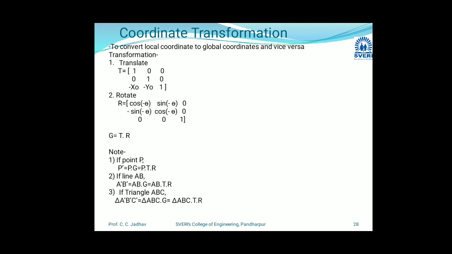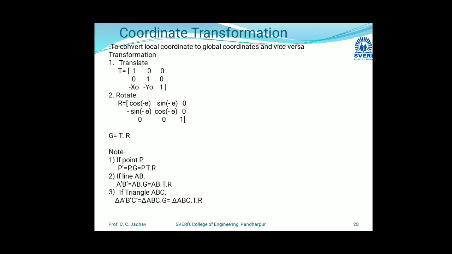Suppose I want to do translation and rotation operations, then capital G is equal to T into R. If we use a point P for the coordinate transform, the formula for the new point P dash is equal to P into G. G means the coordinate transformation, in which we do translation and rotation, so we can expand that as P into T into R. If I want to transform a line, we find the new line A dash B dash equal to AB into G, and G means T into R. Same for the triangle: A dash B dash C dash is equal to ABC into G, that is ABC into T into R. So this is our coordinate transformation system.